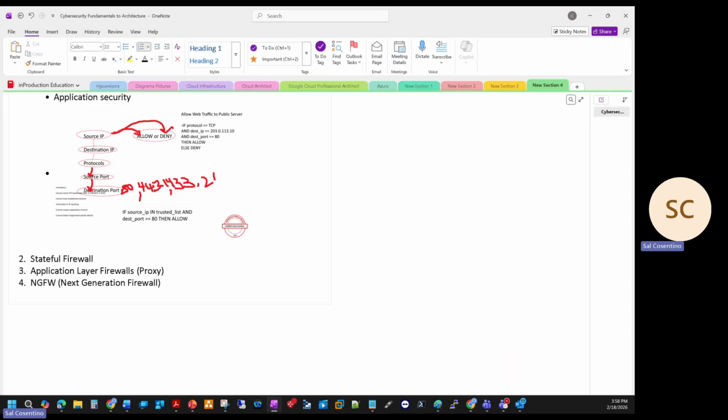It's basically application-aware, with user identity integration, decryption of TLS and SSL, threat intelligence feeds, uniform resource locator (URL) filtering, and anti-malware. It identifies applications regardless of the port that you're using.